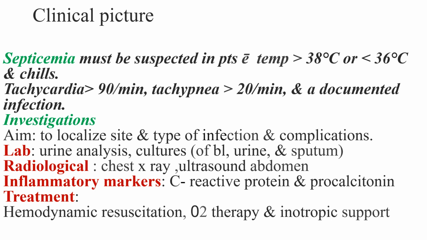Aim of investigation is to localize site and type of infection and complications. Lab: urine analysis, culture of blood, urine and sputum, radiological chest X-ray, ultrasound on abdomen, inflammatory markers, C-reactive protein and procalcitonin. Treatment: hemodynamic resuscitation, oxygen therapy, inotropic support.